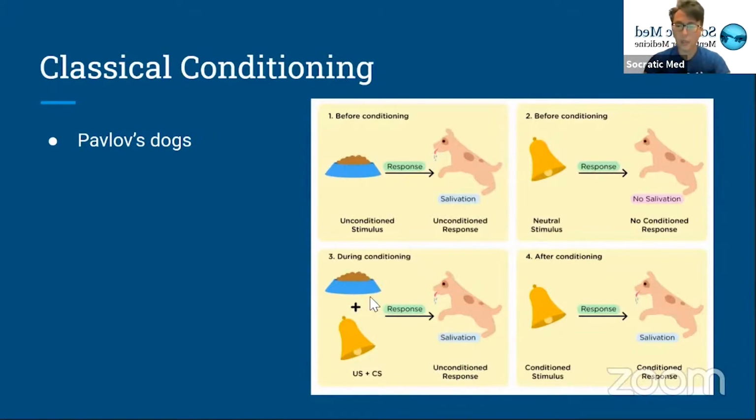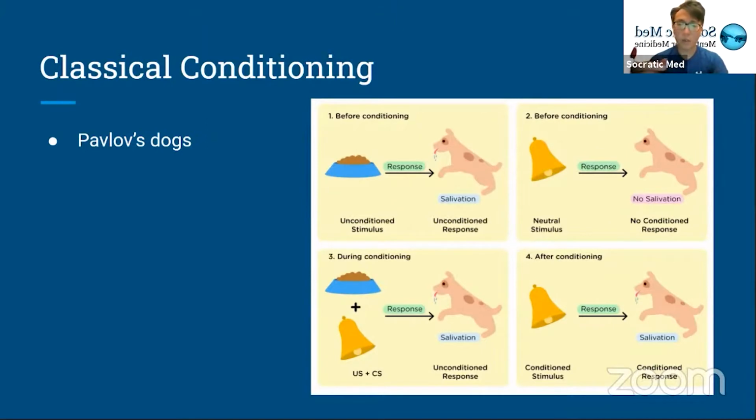But after a while, after repeatedly presenting the food and the bell to the dog, he noticed that even if he didn't present food to the dog, if he just rang the bell, the dog started salivating.